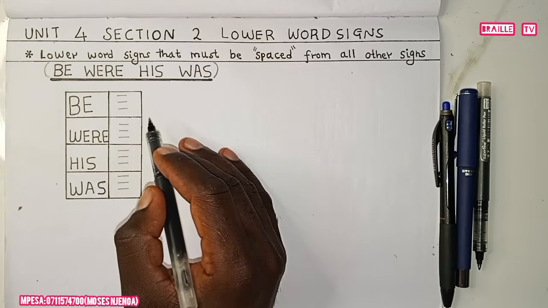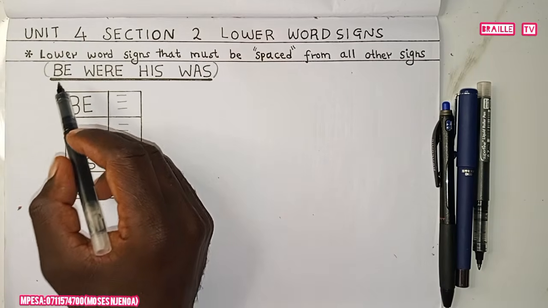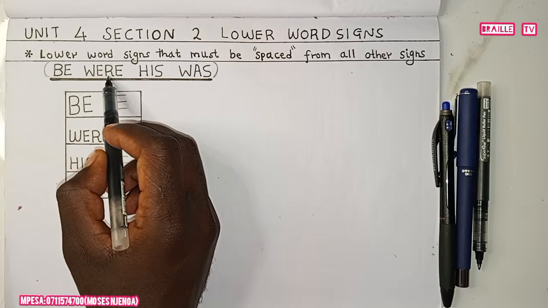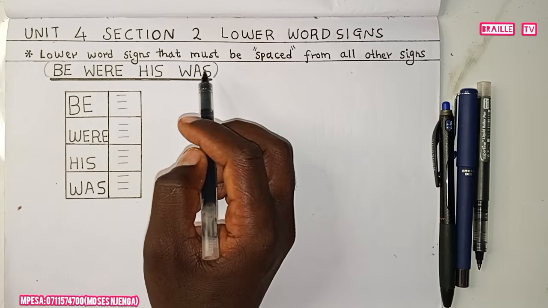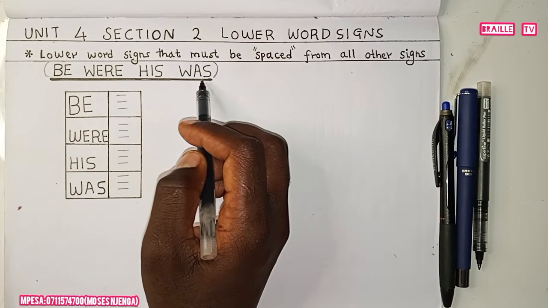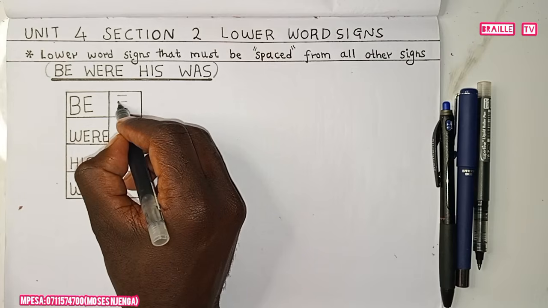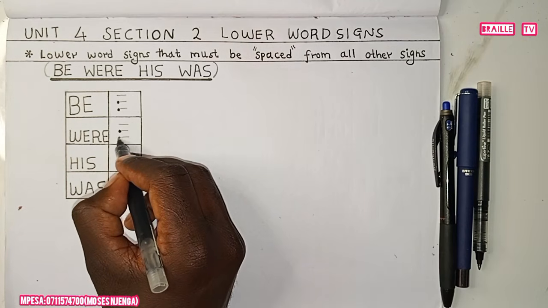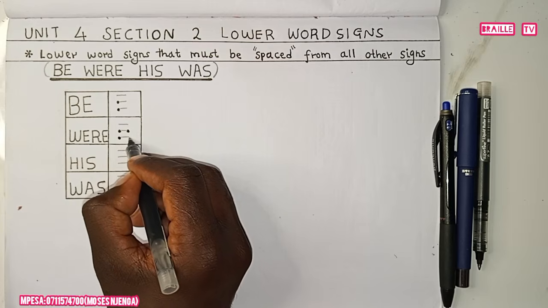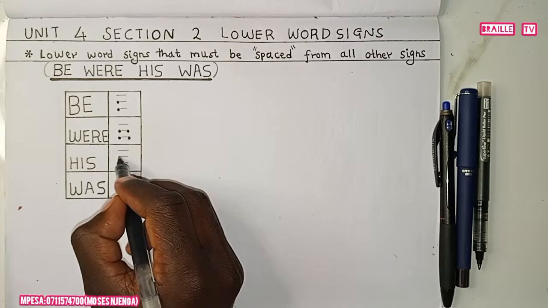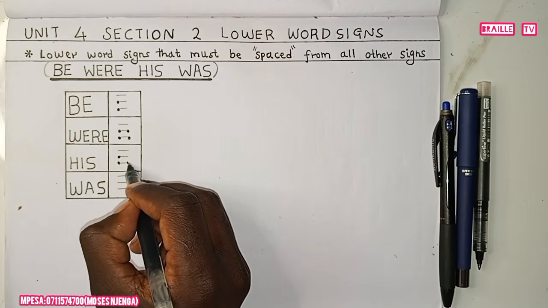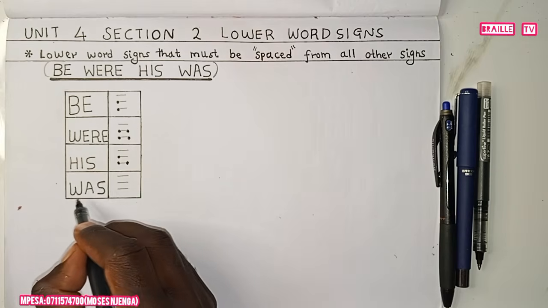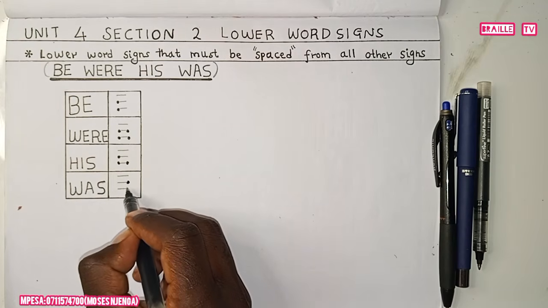Now let us see how we write be, how we write were, how we write his, and how we write was in Braille. Be is written as lower b. Were is written as lower g. His is written as lower h. Was is written as lower j.